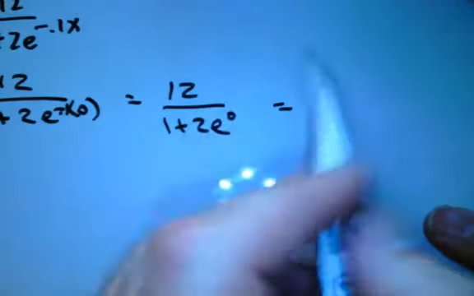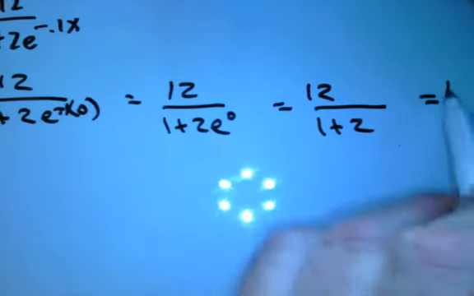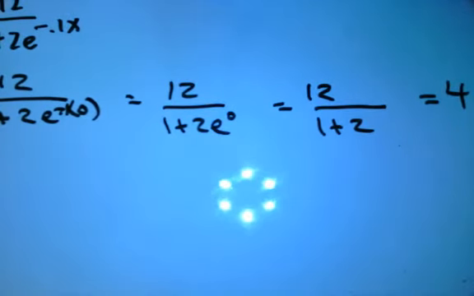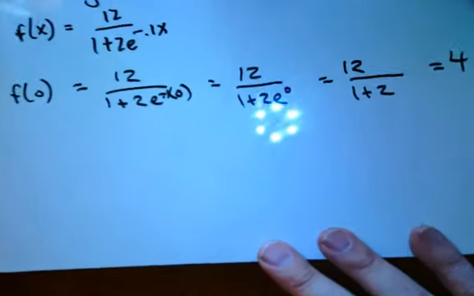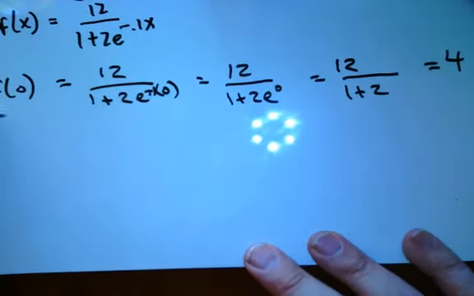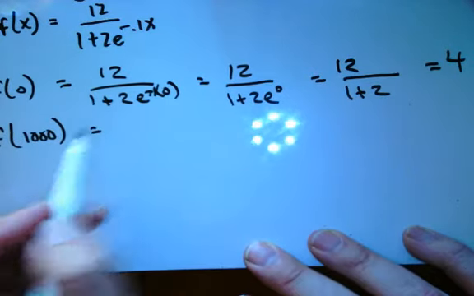That's going to give me 12 over 1 plus 2e to the 0, which is 12 over 1 plus 2, or 4. So I know the y-intercept for this function is going to be 4.